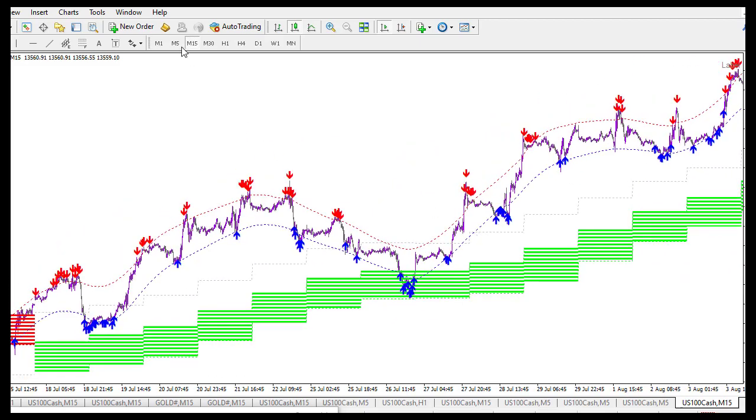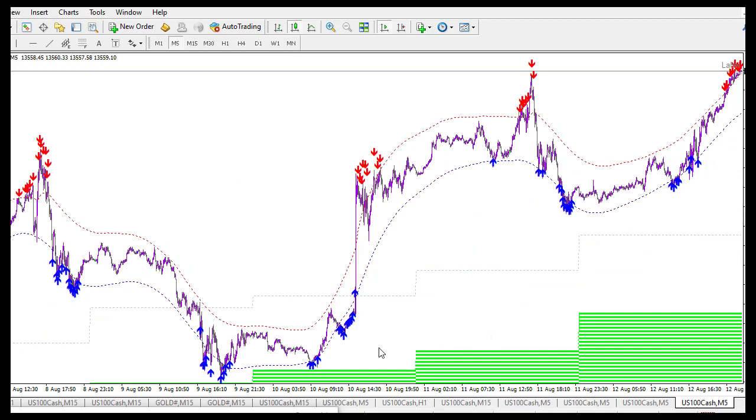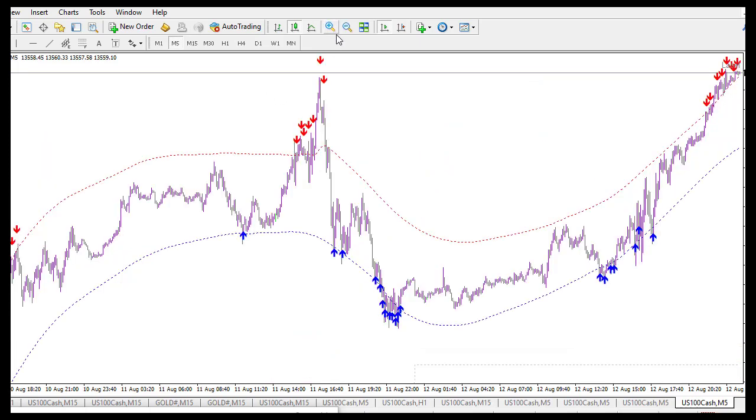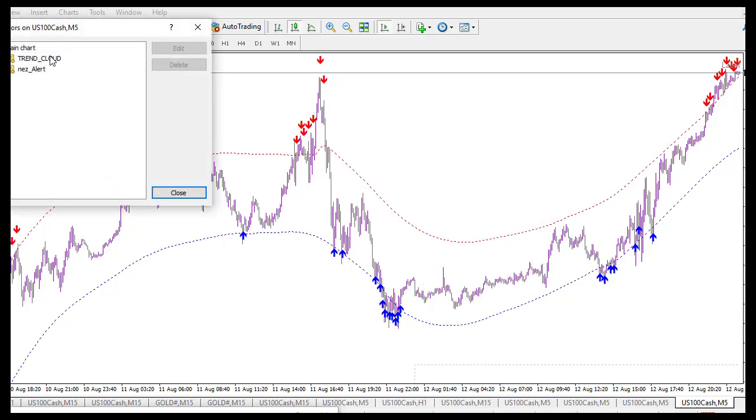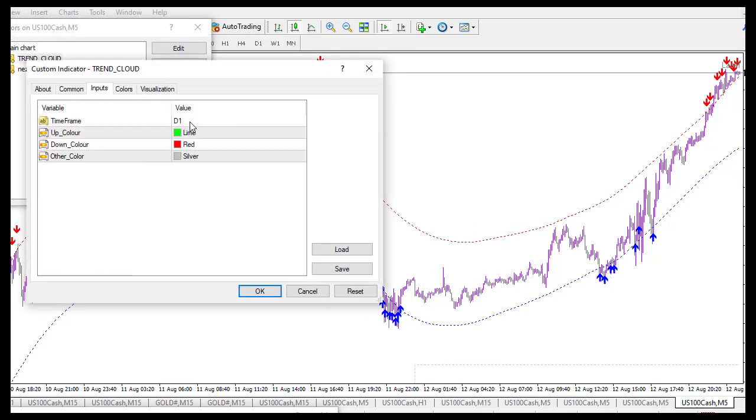Let's check 5 minutes for the same thing. Yes, 5 minutes also. You only keep on buying and it's delivered well. But if you want to see it clearly on your chart, make sure you change this value. Instead of D1, I use 60 minutes and click OK.